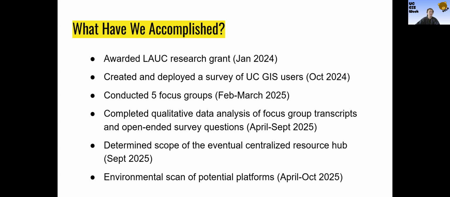And then we spent the summer and early fall doing some qualitative data analysis of our focus group transcripts and open-ended survey questions. This fall, we determined the scope of our centralized resource hub that we will be building. And then we just wrapped up an environmental scan of potential platforms and are now finally building out our resources that we want to include on this guide.